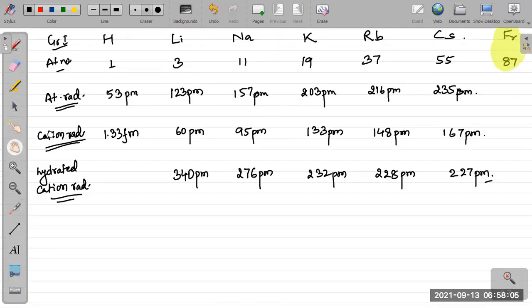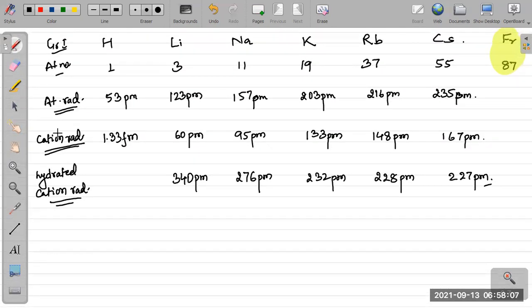The next piece of information regarding them is their respective ionization energy. For hydrogen we know that it is 13.6 electron volts. For lithium it is 5.4 electron volts.